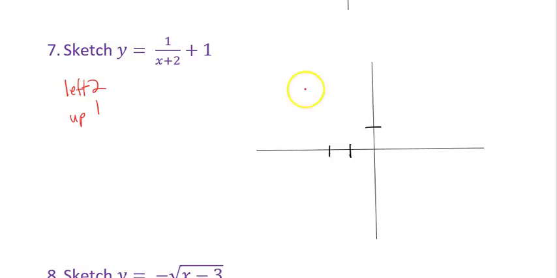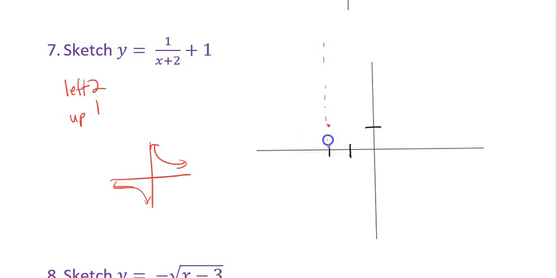Now, with the 1 over x graph, I'm going to sketch the original one over here. The 1 over x graph looks like this. It has a horizontal asymptote at 0, the x-axis, and a vertical asymptote at 0, the y-axis. Those asymptotes are going to move as well, and they're the easiest thing to move: from 0, left 2, and up 1. So that's where those asymptotes are going to cross now.